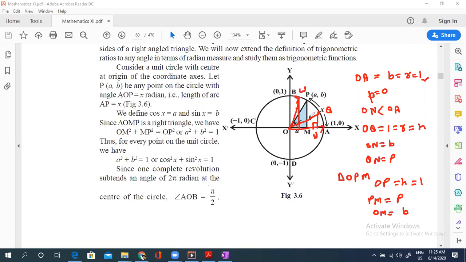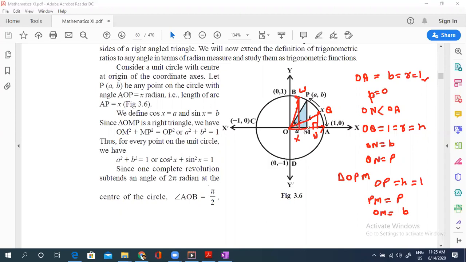Then point P: PM as your perpendicular and OM as your base. Then W, just represent it as X, capital X. So WX is your perpendicular and OX is your base.